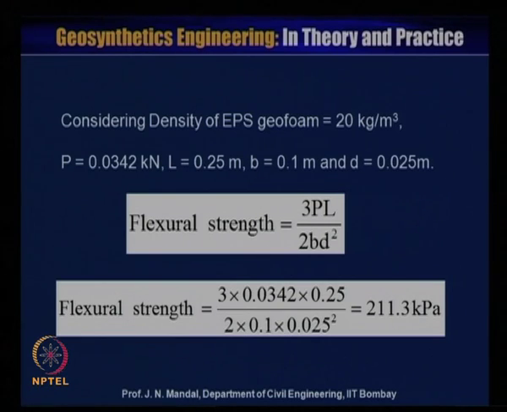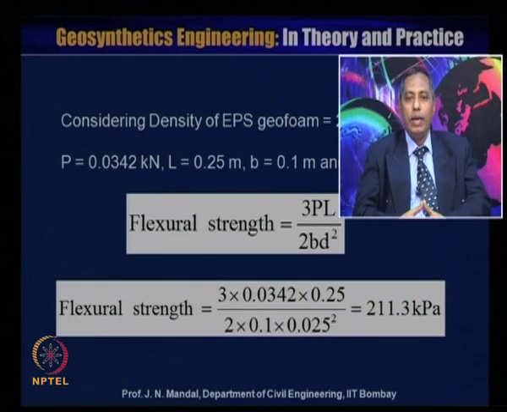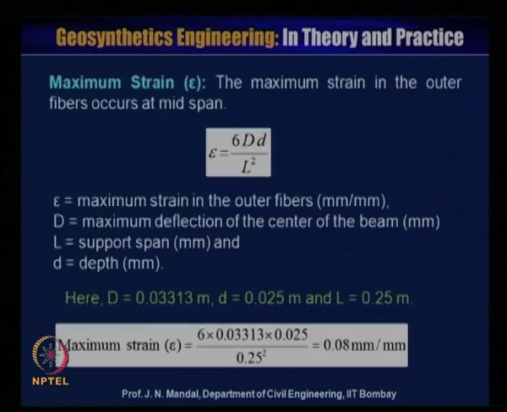So, flexural strength is 3PL divided by 2Bd square. That is 3 into 0.0342 into 0.25, divided by 2 into 0.1 into 0.025 square. This will give the flexural strength value of 211.3 kilopascal, which I have shown you earlier.